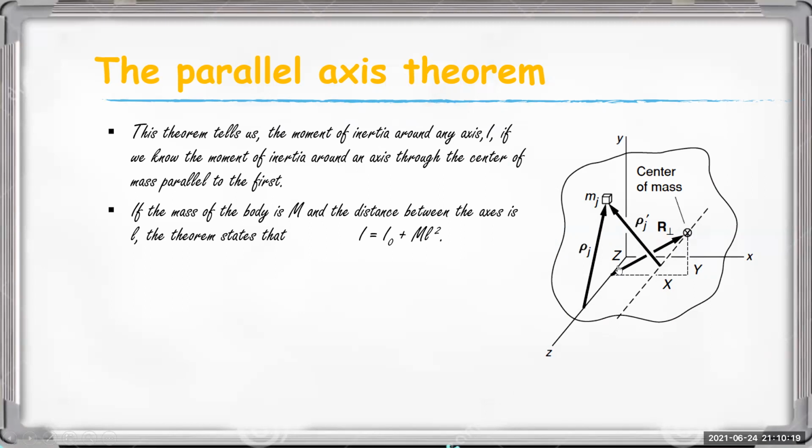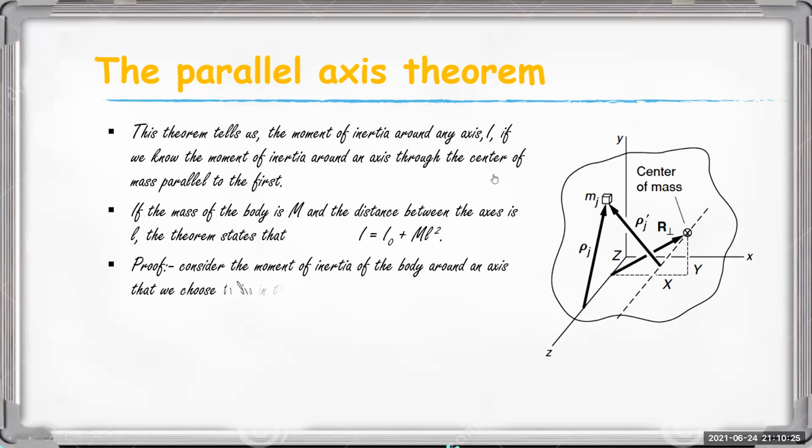Here we are going to find the moment of inertia about an axis in the z direction, the z axis. Here we consider a particle j.